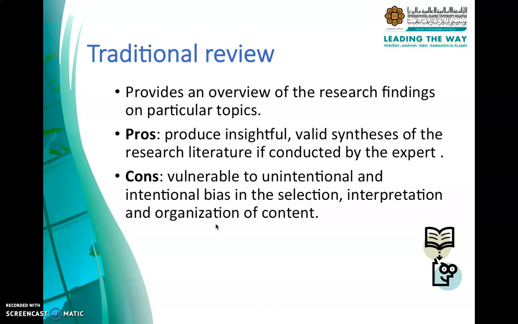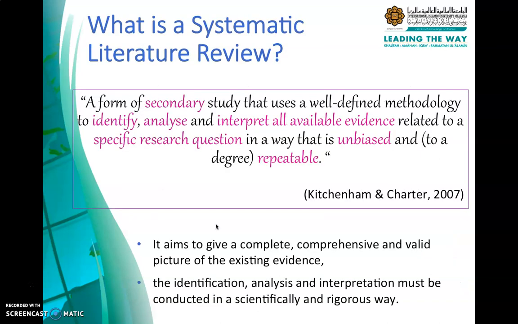That will introduce some bias in terms of selection, interpretation, and organization of the study findings. So it is good if an expert conducts the review using this traditional method, because they are experienced in the topic. Now, how does the traditional review differ from the systematic literature review?